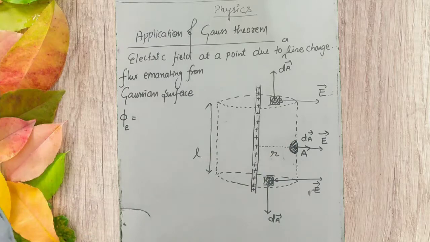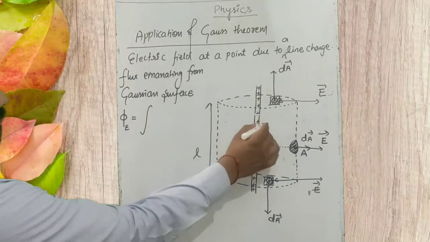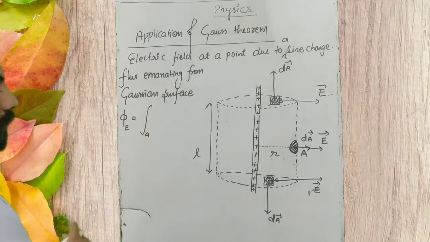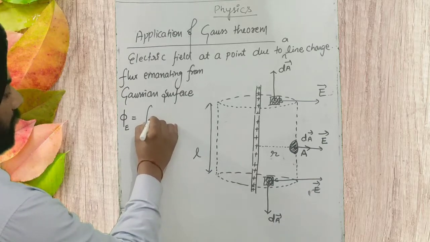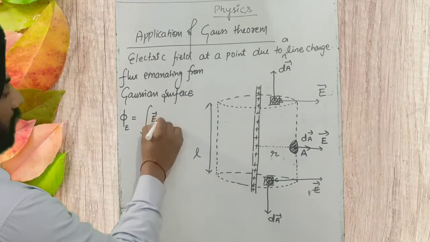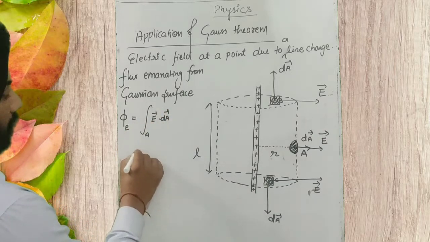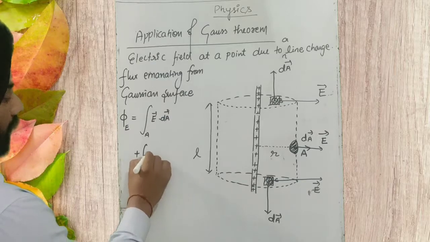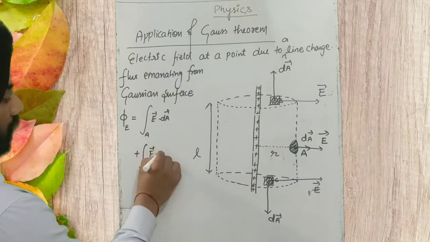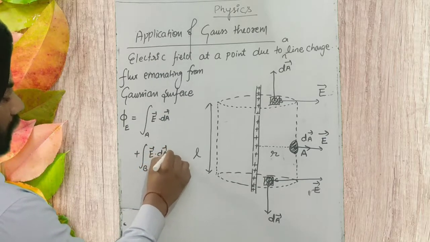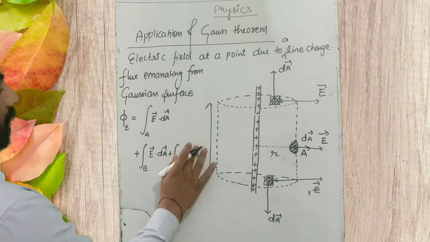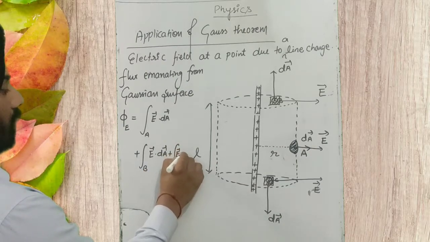So at A, the curved surface, it is E vector dot dA vector, plus at B, E vector dot dA vector, and plus at C, E vector dot dA vector.